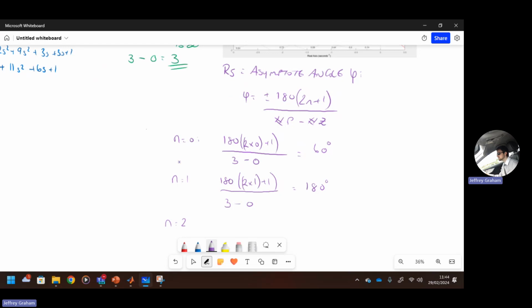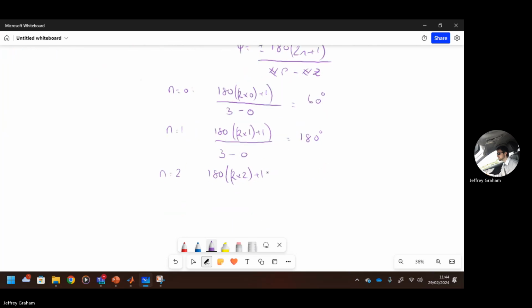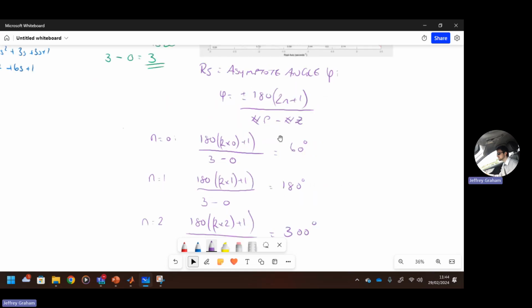There's 3 branches, 3 values of n. Right, so that one comes out at 300 degrees. Keep them in the bank for the next one.